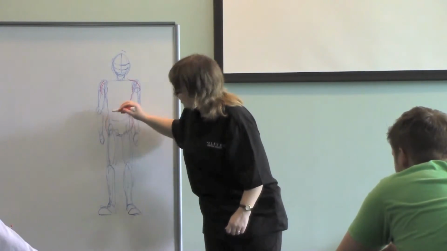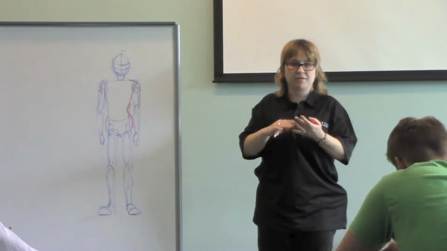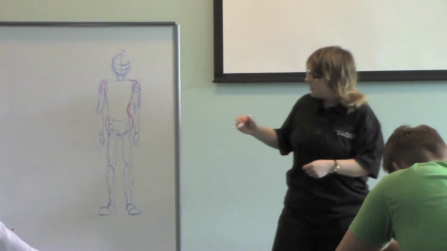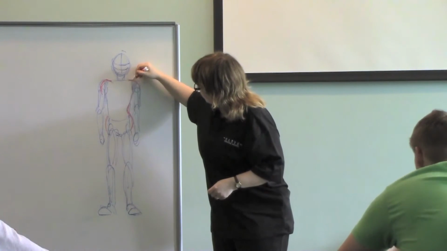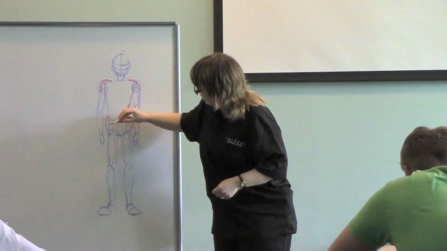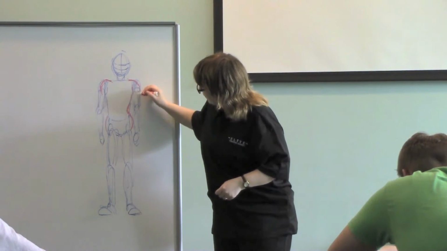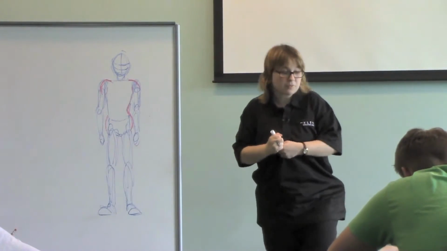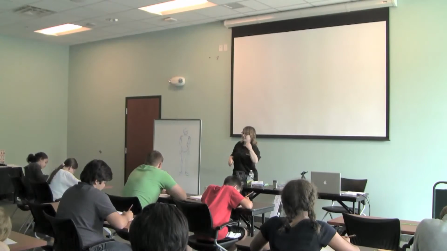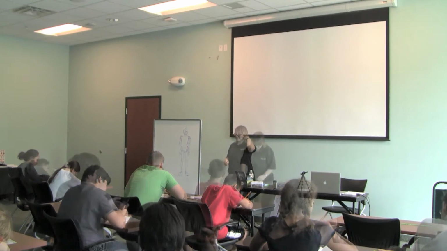Now this can change a little bit depending on the woman, depending on the proportions of the person overall, but women have typically thinner shoulders, wider hips, so their figure is a little less boxy. They're a little bit more curvy. They also have smaller hands and feet, but we're going to be getting to that soon.